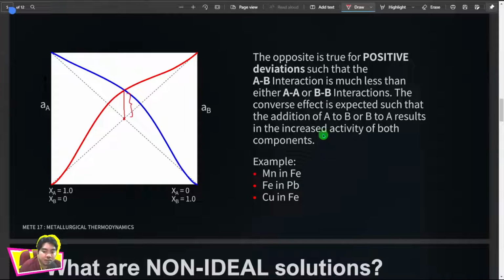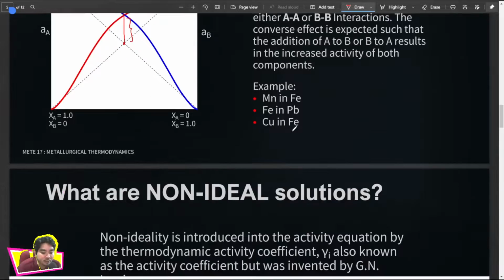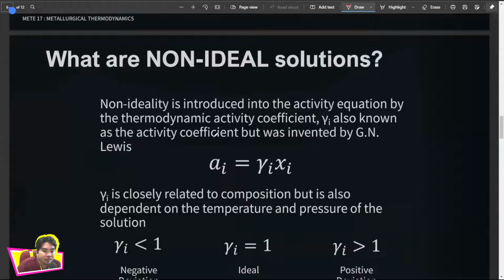Examples of positive deviations are manganese in iron, Fe in lead, and copper in iron. Okay? So because of this non-ideality, we need a correction factor for our ideal case.